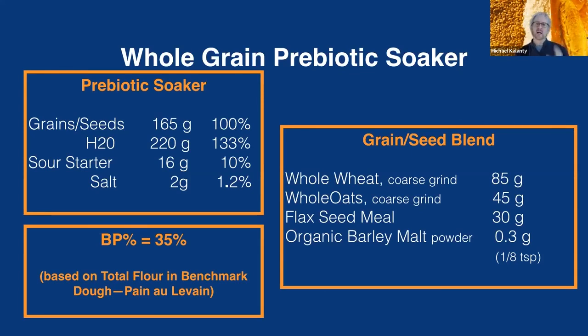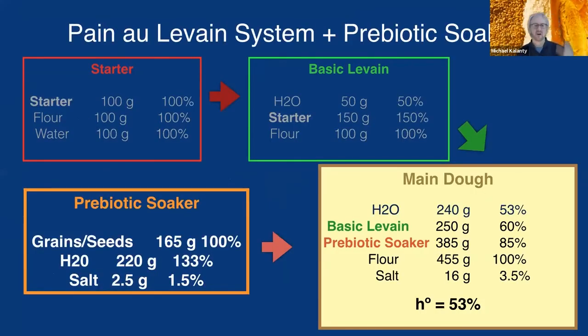So now I've got my pan au levain benchmark, and now I've got my whole grain prebiotic soaker. So now I'm putting those together. You can see in the lower left corner how that prebiotic soaker takes its role and comes into the main dough and plays its part there.